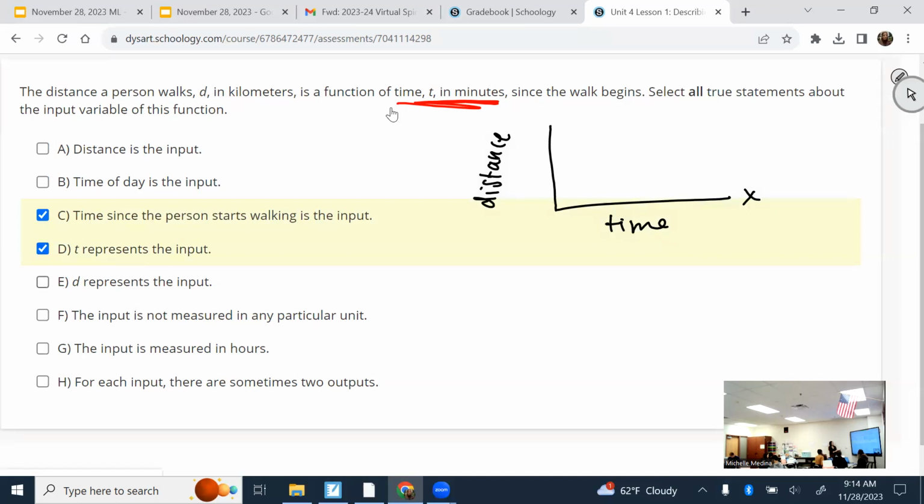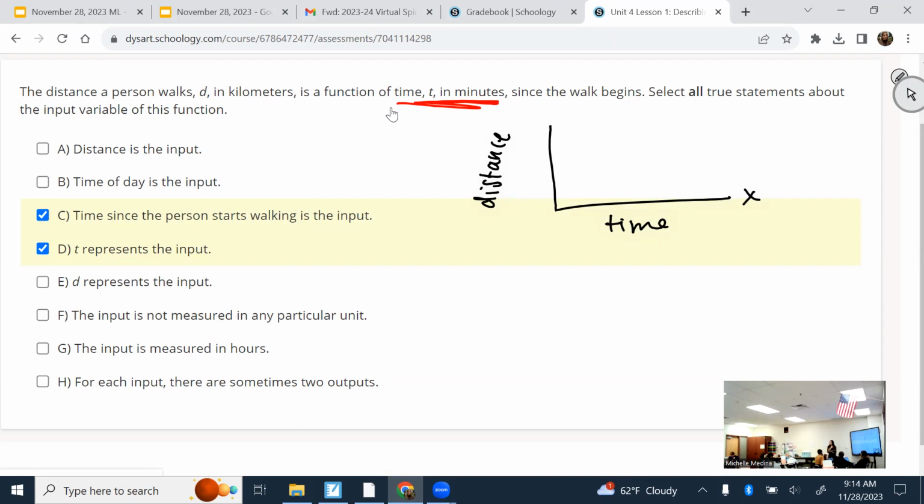Okay, so T represents the input. Does D represent the input? The input is not measured in any particular unit. So units would be like minutes, seconds, hours, days, feet, centimeters. So is the input not measured in any particular unit?